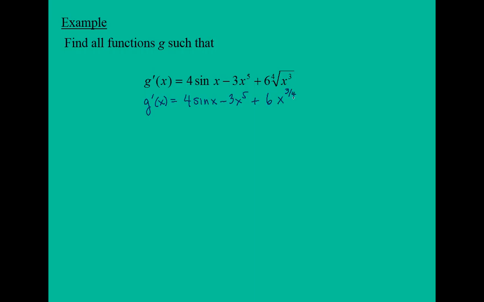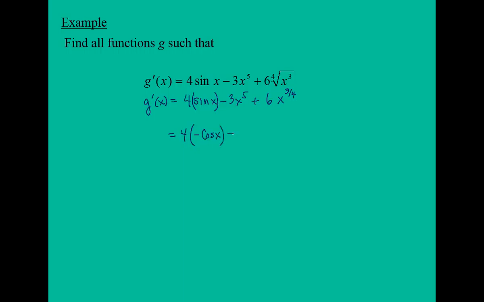Now from the last slide, we know that if we take the antiderivative of 4 times the sine of x, we can take the antiderivative of the sine of x and then multiply it by its constant, 4. So the antiderivative of the sine of x is negative cosine of x.